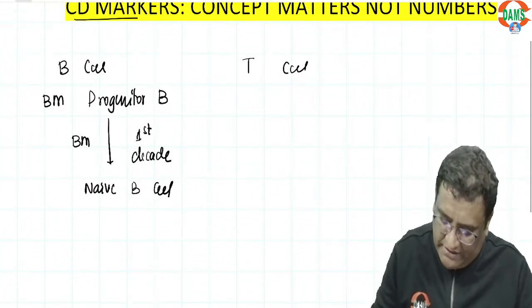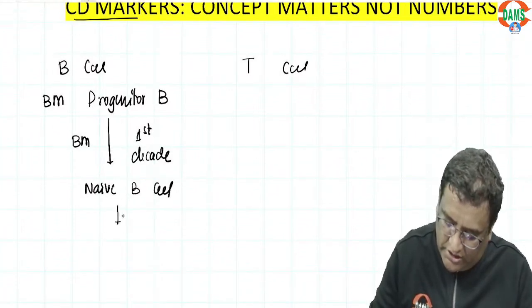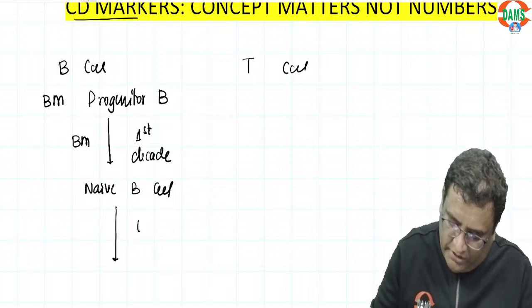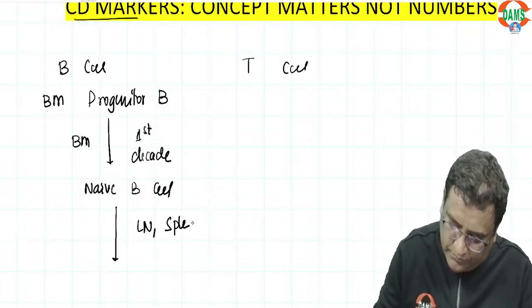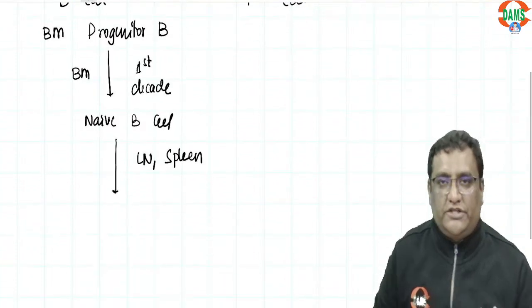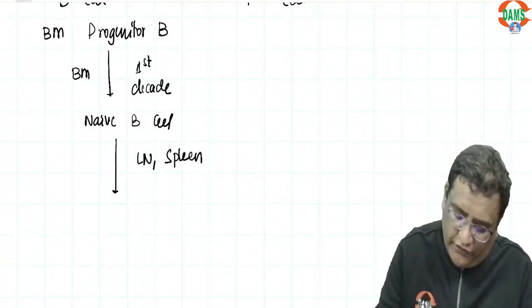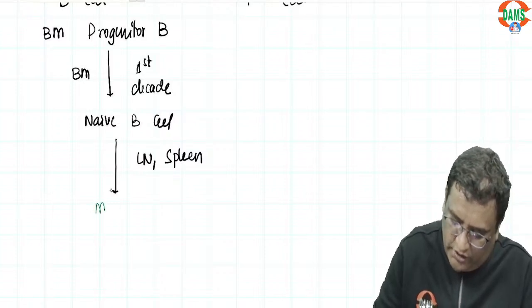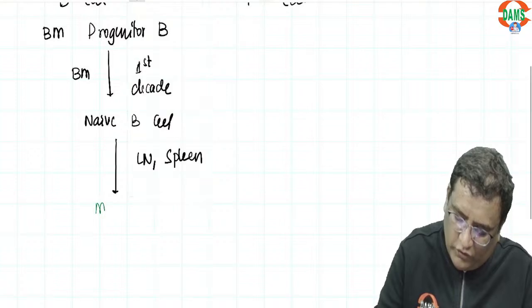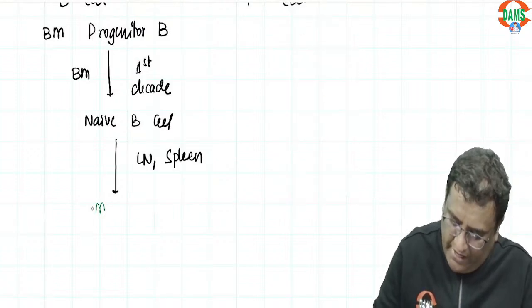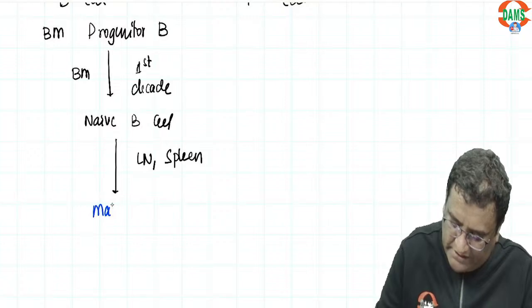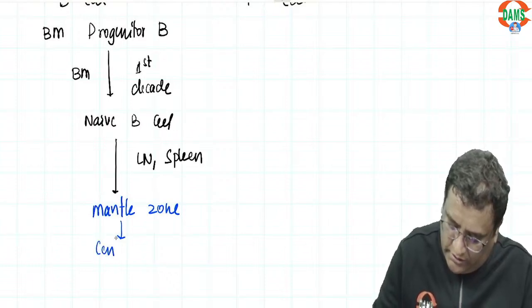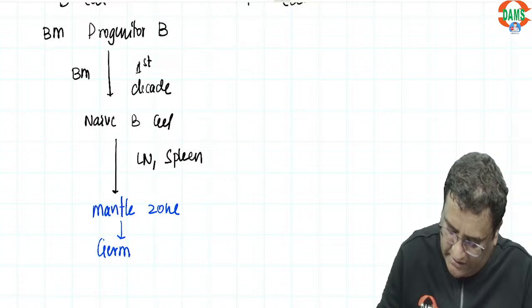And then this naive B cell undergoes further maturation in the lymph node and the spleen. How? First they enter into the mantle zone of the lymph node, and from there into the center, which is called the germinal center.